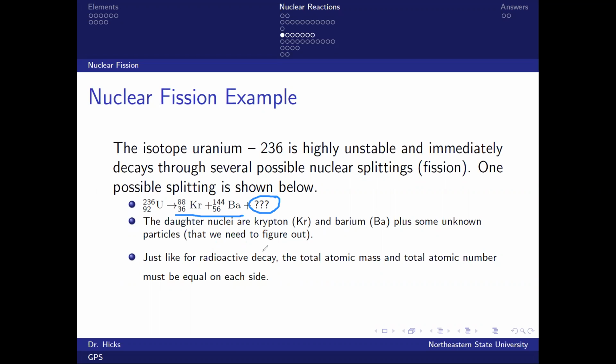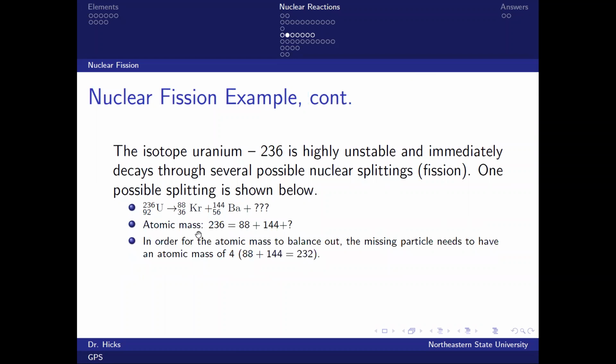But just like radioactive decay, I do the same rule: the total atomic mass and the total atomic number on either side of this arrow have to be the same. That's the trick to doing all of these nuclear change problems. Atomic mass is the same on both sides. Atomic number is the same on both sides. So let's do the atomic mass first.